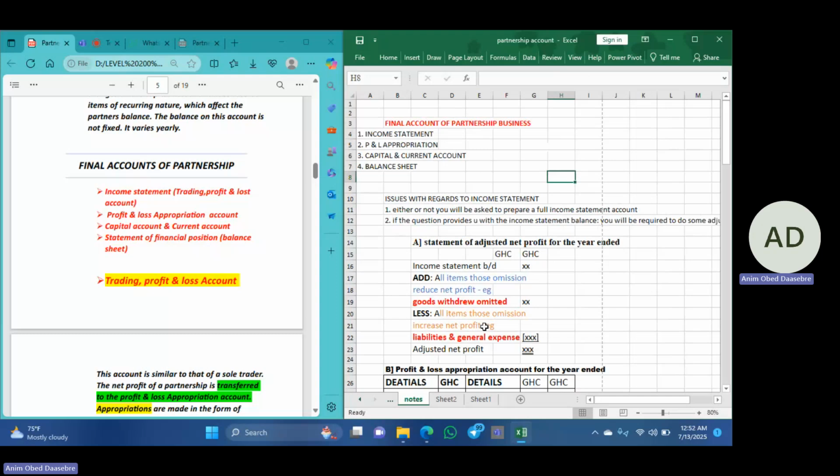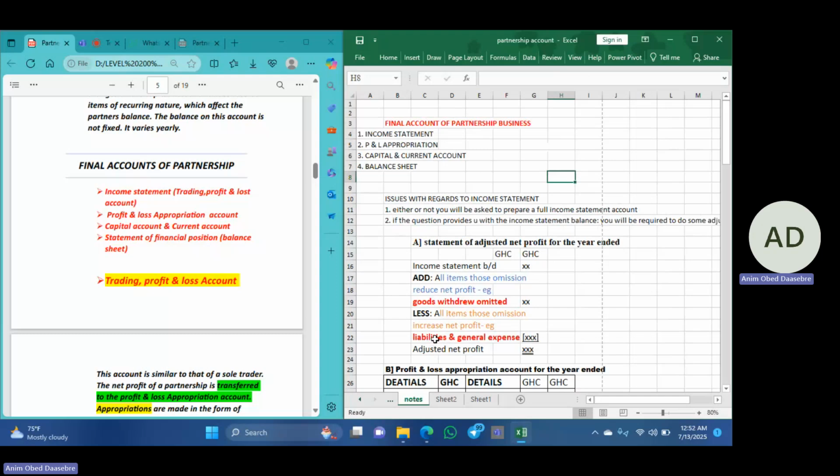So basically, an example of an item that will increase profit when we don't account for it is liabilities and general expenses.